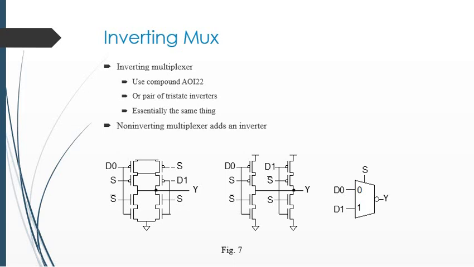next is basically the inverting mux. Okay, we can use the compound logic and a pair of tri-state inverters. So with the help of this we can also develop an inverting mux, in which you can get the diagram of your inverting mux like this. Inverting mux means you will get the inverted output from your output side.